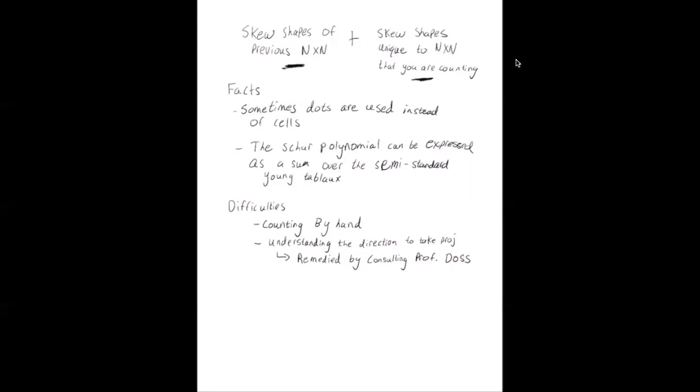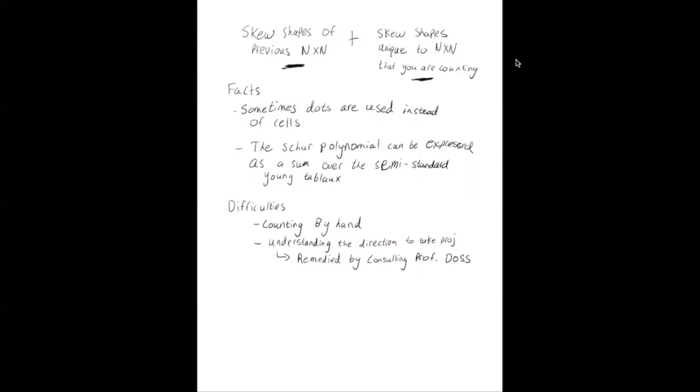Some few facts: sometimes dots are used instead of cells in Young diagrams. And for semi-standard Young tableau, the Schur polynomial can be expressed as a sum over the semi-standard Young tableau.